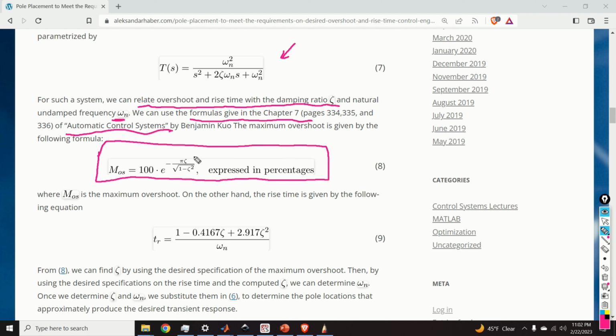We can see that the overshoot only depends on zeta. On the other hand, the rise time is given by this formula. We can see that the rise time depends on zeta and omega n, and that the rise time is inversely proportional to omega n.